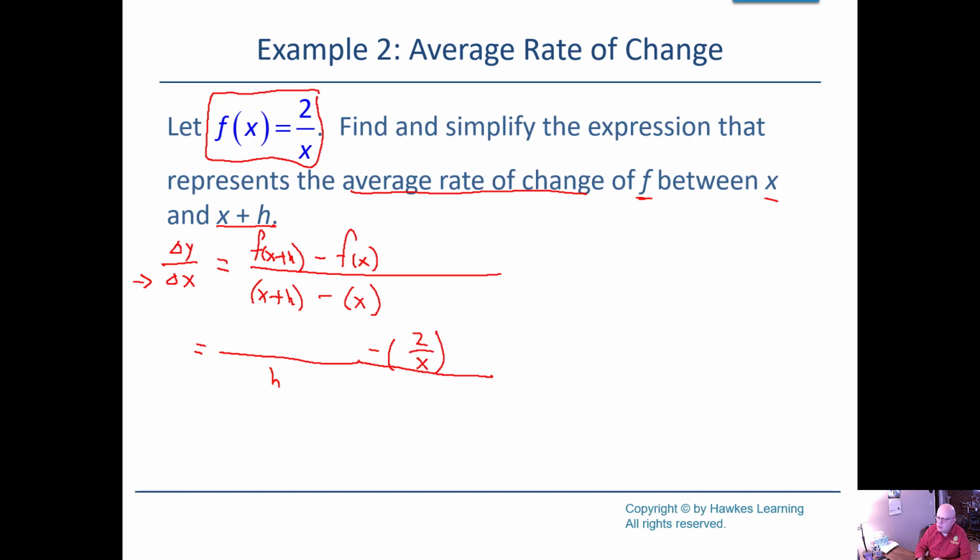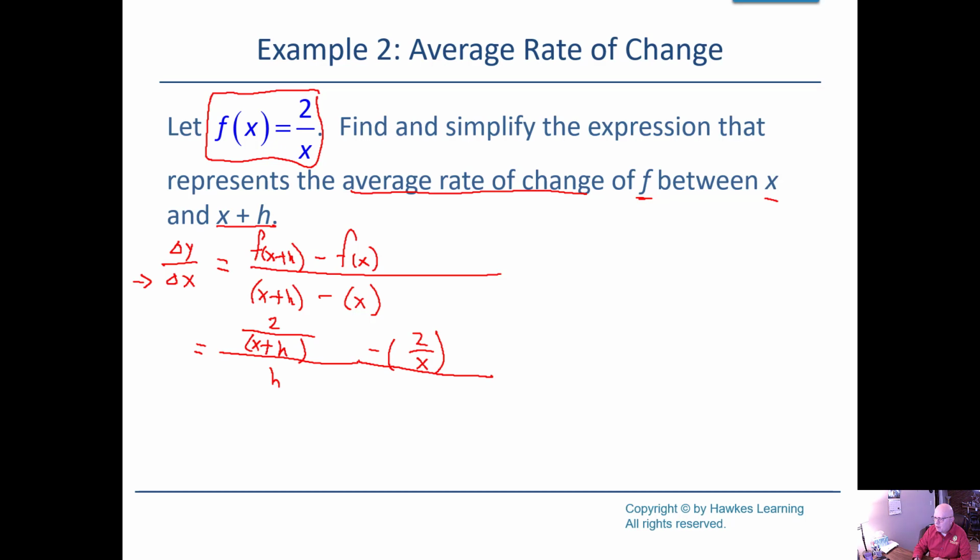And what we're going to start with is 2 over. Remember that trick I told you? Just put a blank where the x was. And then, what should be there instead of the x? x plus h. And you're ready to roll. You might not like it, but this is what we've got.